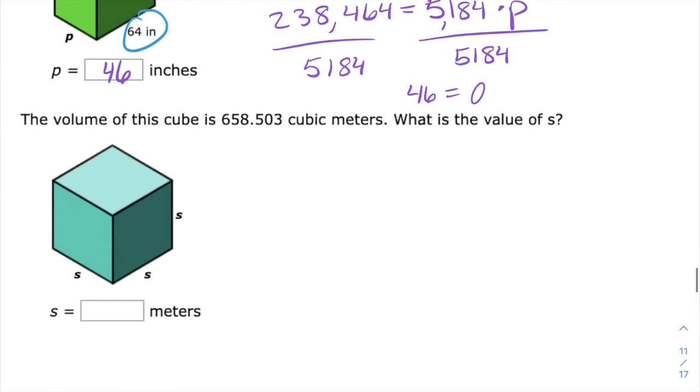The next one. So in this case, you have the volume of a cube given, and you are looking for the sides. Now, the sides of a cube are all the same. So here's what we can do. We can say volume is base times height.